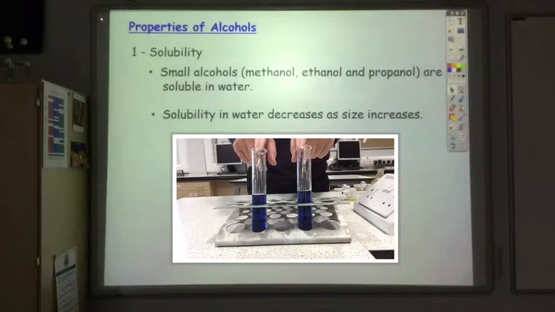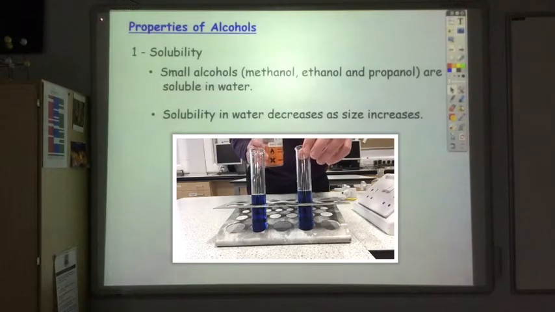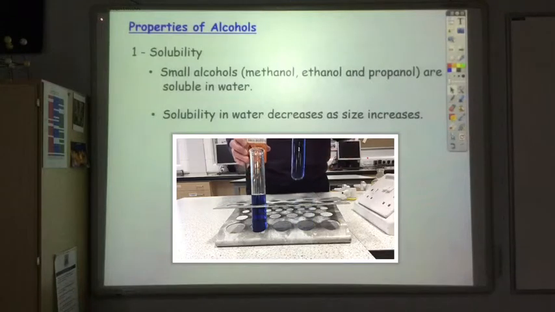Okay, here I've got 2 test tubes with water in it. I've just put a little bit of food colouring in it just to make it more visual. Okay, so in the first one, so this one here, I'm going to put a small alcohol, ethanol, into it, and we should see that it mixes with the water.